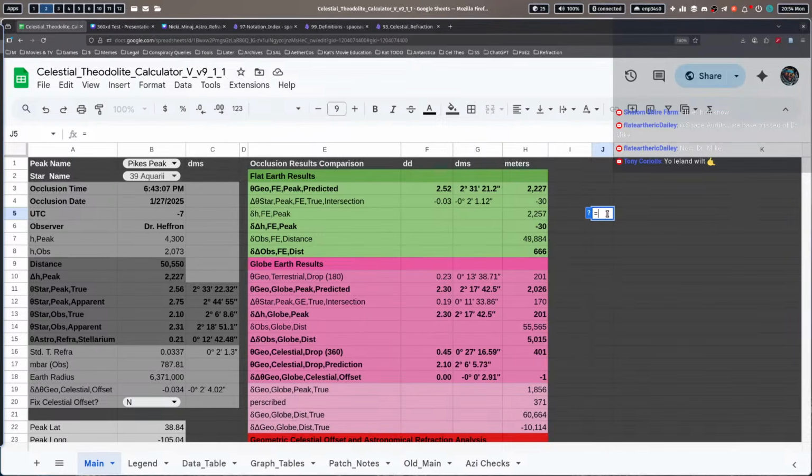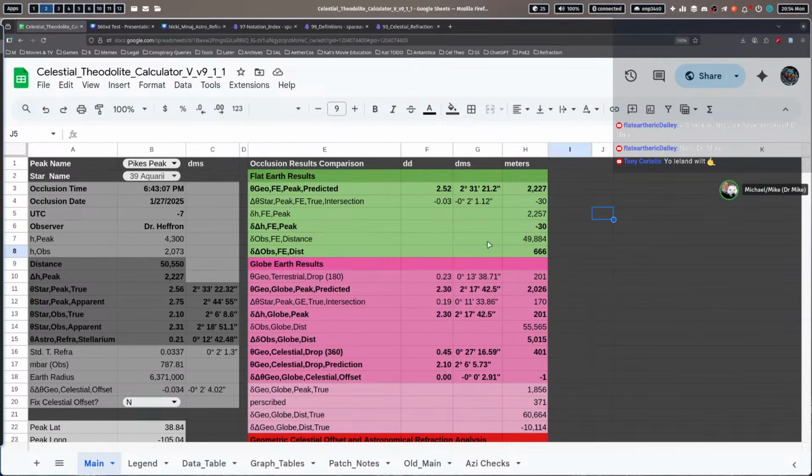The main point here, I think, is what I personally found important to focus on: negative 30, and there's a corresponding negative 30. So I think it should probably be called the delta theta star, globe, GE, true intersection. So I almost see that down here.